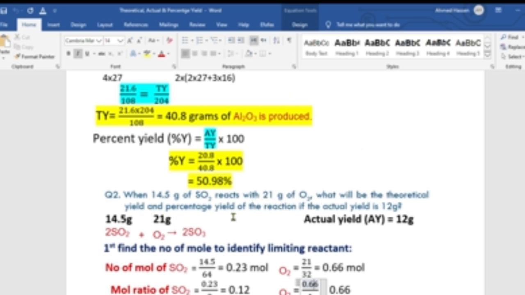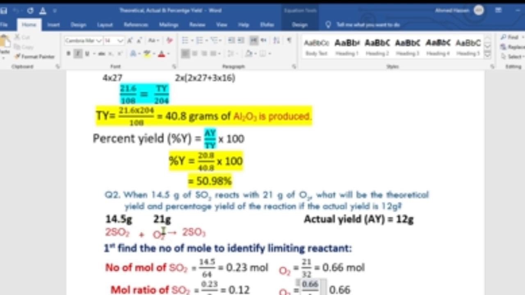Question 2. When 14.5 grams of sulfur dioxide reacts with 21 grams of oxygen, what will be the theoretical yield and the percentage yield of the reaction if the actual yield given is 12 grams? Therefore, you set up the equation like this: 14.5 grams of sulfur dioxide reacting with oxygen to form sulfur trioxide. First you should identify which one is the limiting reactant.